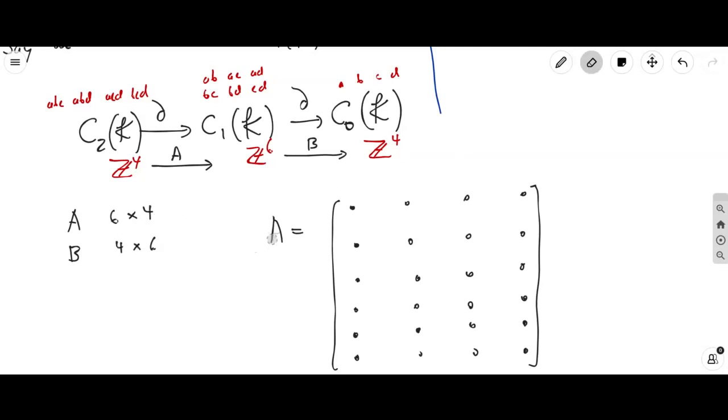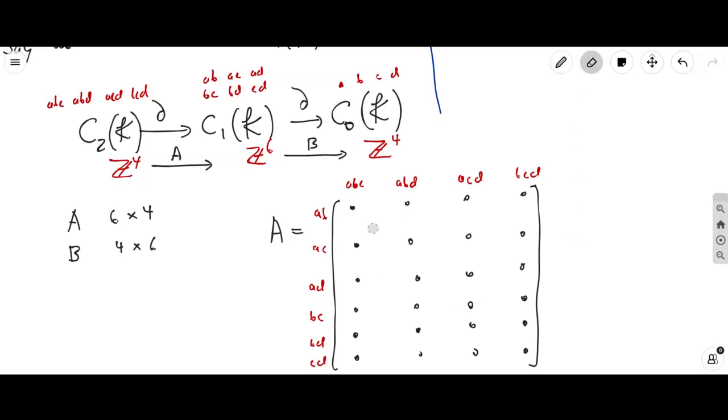But now, to determine what this is, it's convenient to arrange these. These rows would be the basis elements: AB, AC, AD, BC, BD, CD, and going across, you would have the basis elements for this group: ABC, ABD, ACD, BCD.